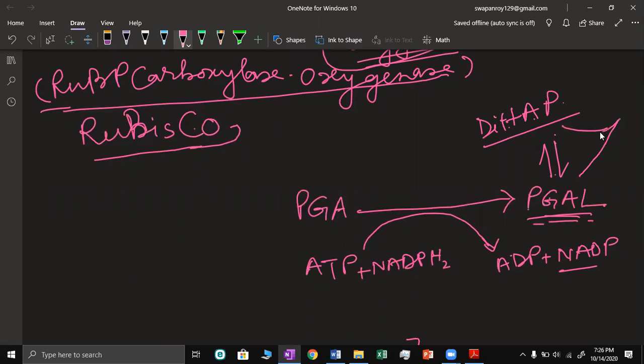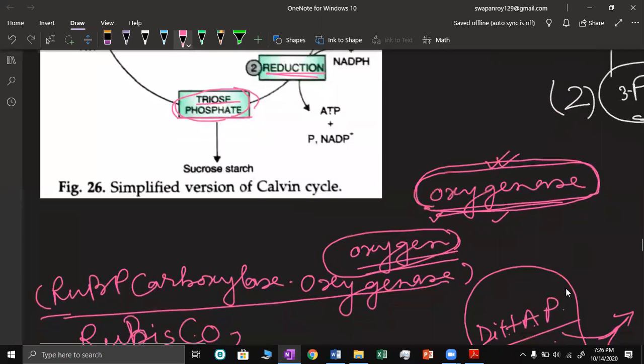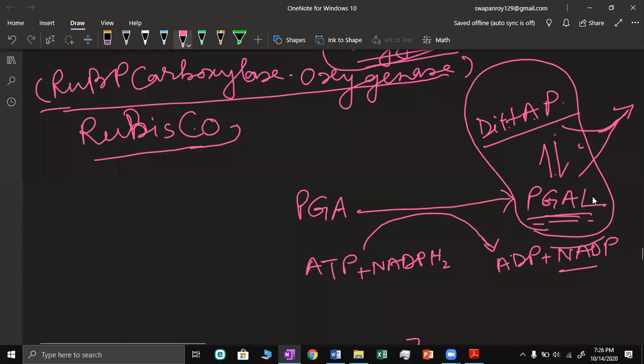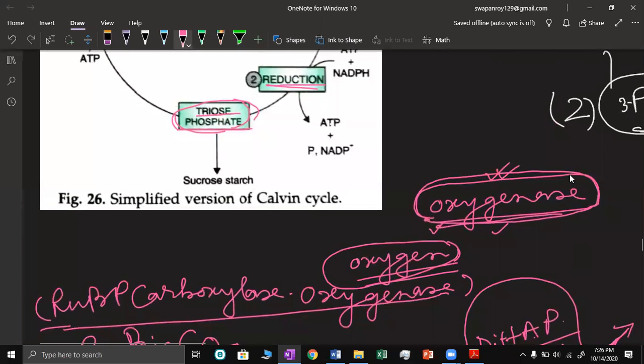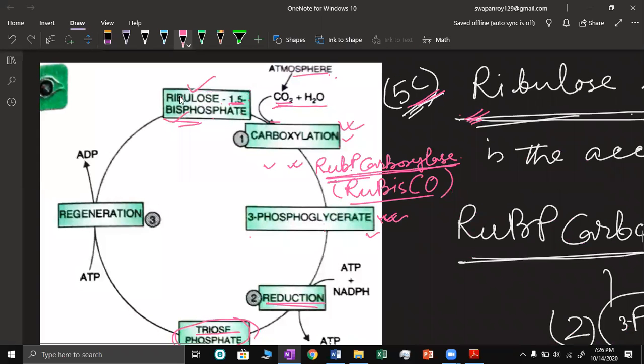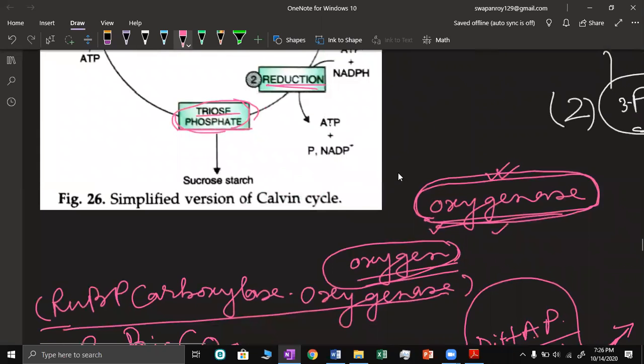These two compounds are then used for the synthesis of carbohydrate. So they are the main compounds. They are the triose. And also from these two compounds, the RUBP, ribulose phosphate, is produced again.